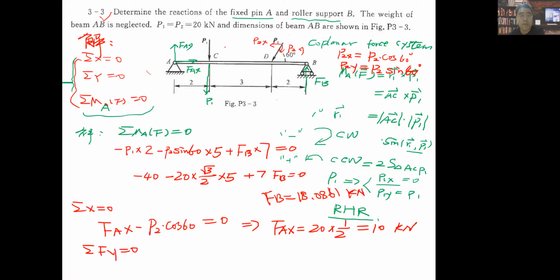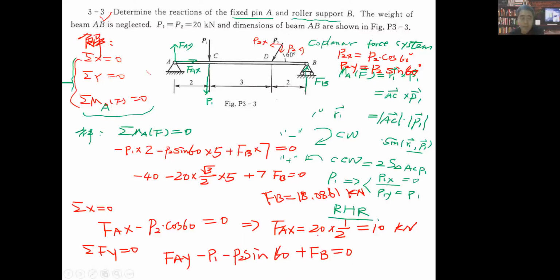So this time you guys can look at this figure. We will write FAY minus P1, because its direction is along the negative direction of the y-axis, and minus P second y. So minus P second sine 60, and plus FB equals 0.